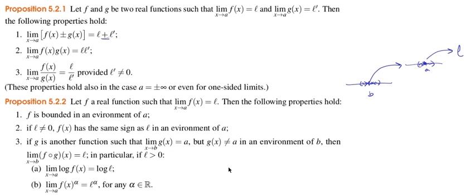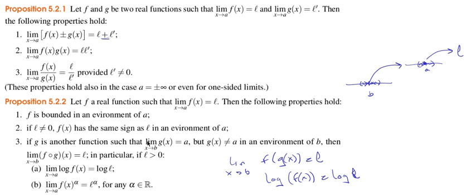So we have the limit when x goes to b of f of g of x, which is going to be L. In this case, you're composing the log with f, so the limit is the logarithm of L, which is the limit of f. I hope this is clear.